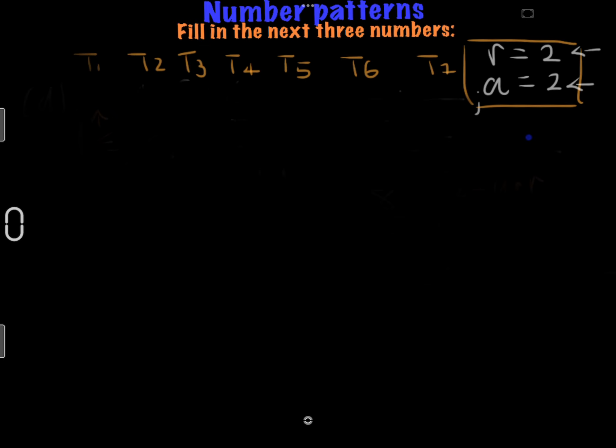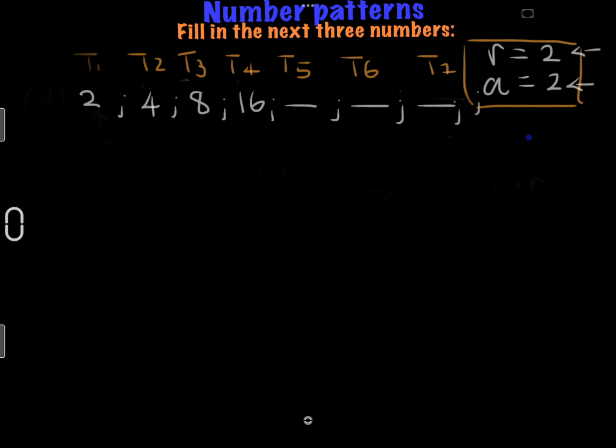Remember, the first term in this case was 2. Our second term was 4. Our third term was 8. Our fourth term was 16. We had missing values for term 5, term 6, and term 7.